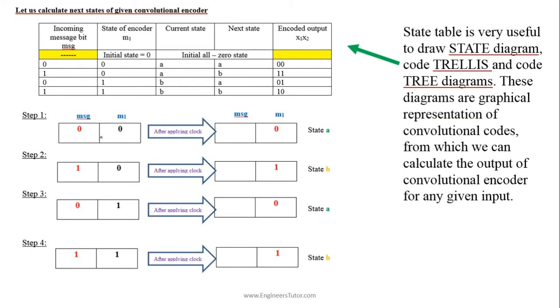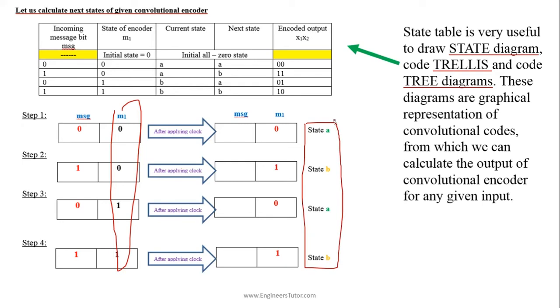This is the present state, and after applying the clock pulse we change it to these states. Remember, the next state will always be the first column. In the case of L1, L1 means constraint length 1. For constraint length 2, the first two columns will be there. We will see that in the next example.